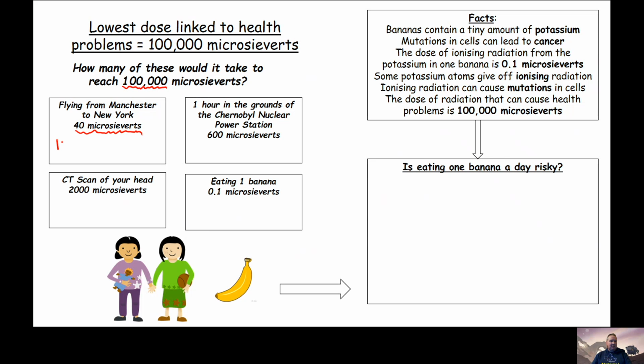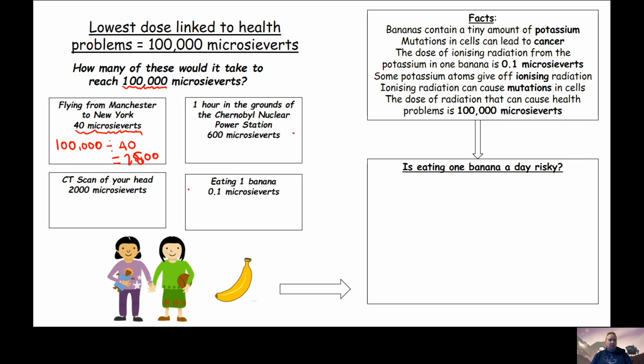Well, it takes 100,000 to increase my health risk. Divide by the 40. If I bash that into my calculator, that would take me 2,500 trips from Manchester to New York to increase my health risk. So you're dividing 100,000 by the number of microsieverts.